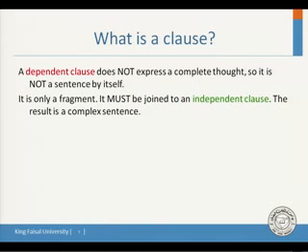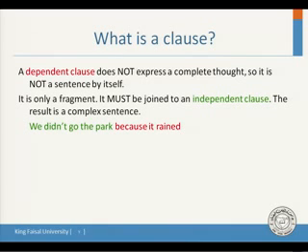And we must join this or these fragments to independent clauses to make complex sentences. So we need a dependent clause, an independent clause, and then we have what? A complex sentence.